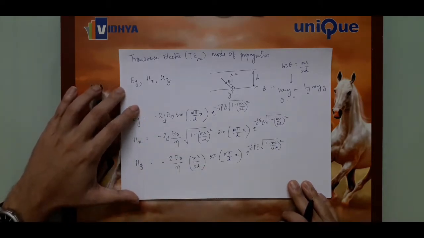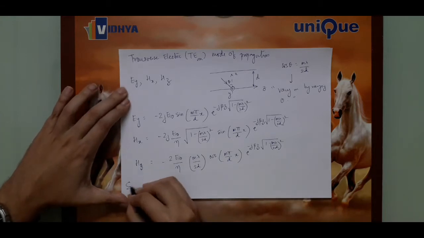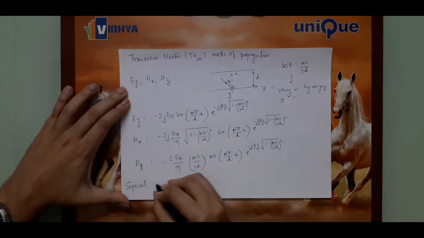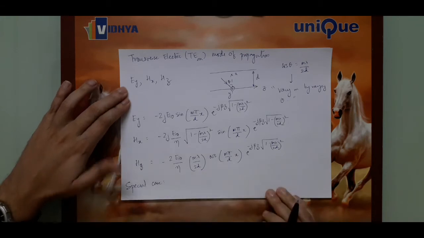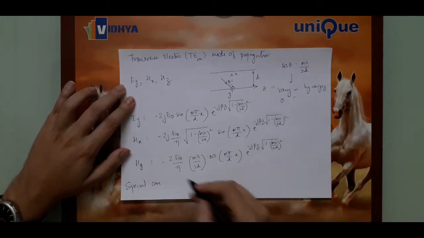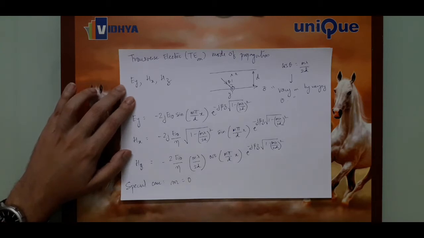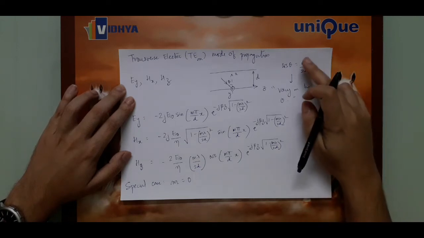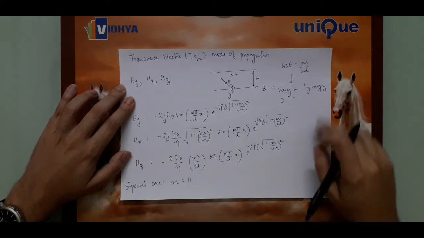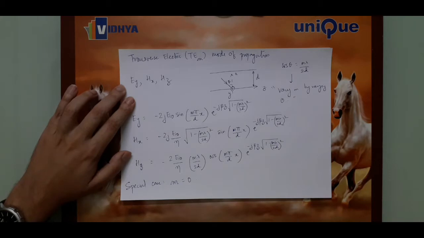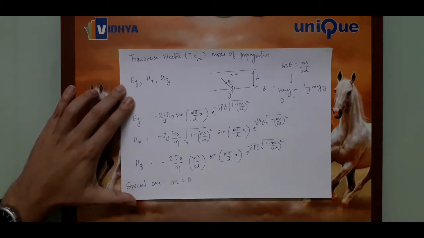So now let us take a very special case and put m equals 0. Now this might sound strange, because up until the previous class the smallest value of m that we had started with was 1, and now I am saying let's put m as 0.